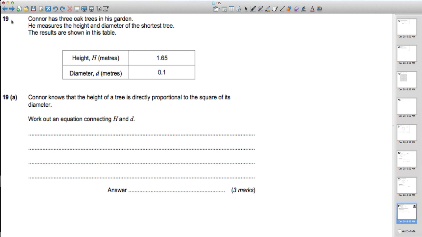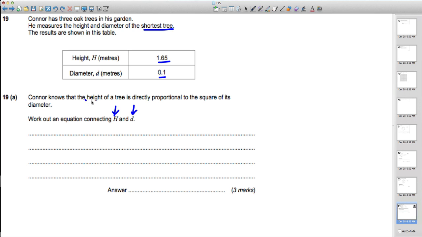Okay, question 19. Connor has 3 oak trees in his garden. He measures the height and diameter of the shortest tree, the results are shown. Its height is 1.65 and its diameter is 0.1. Connor knows the height of the tree is directly proportional to the square of the diameter. Work out an equation connecting h, the height, and d, the diameter.